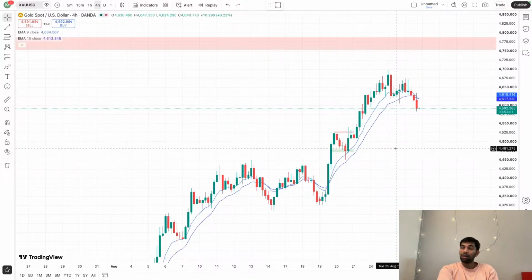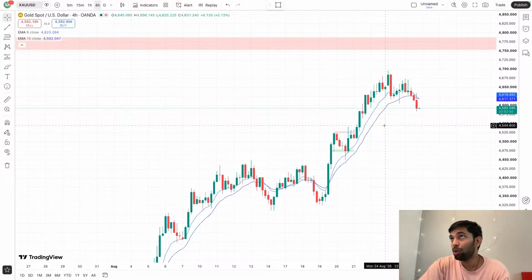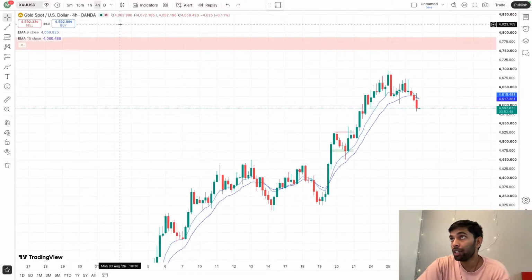These many buyers are there, and they are holding their position and holding their ground, which is quite hard for the sellers to push the market in the downward direction, because the sellers are there and they don't want the market to go in the downward direction.